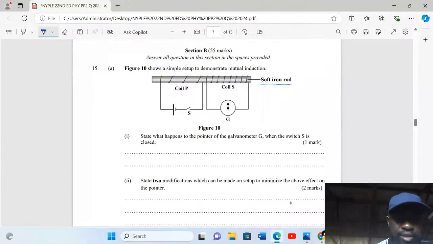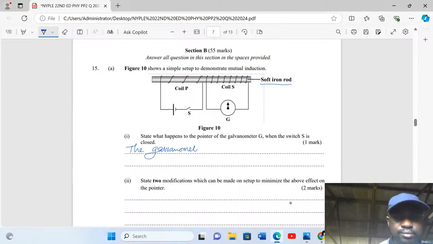Therefore, the galvanometer deflects to the left and back to zero.